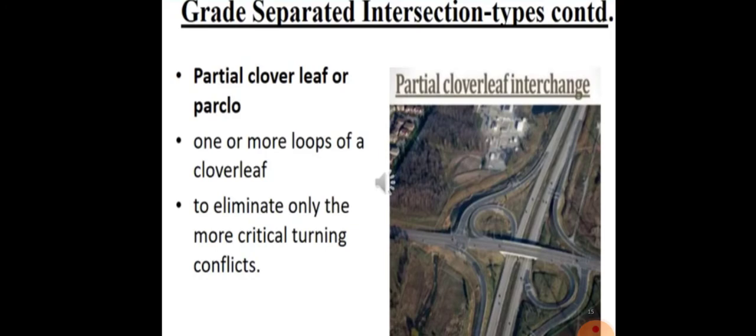One or more loops of a clover leaf will be provided like this, and it is also used to eliminate the more critical turning conflicts, like in the case of a full clover leaf interchange. Here it will provide more acceleration and deceleration space on the freeway, so it eliminates more critical turning conflicts in this case.